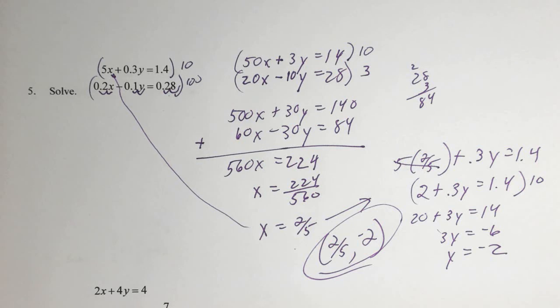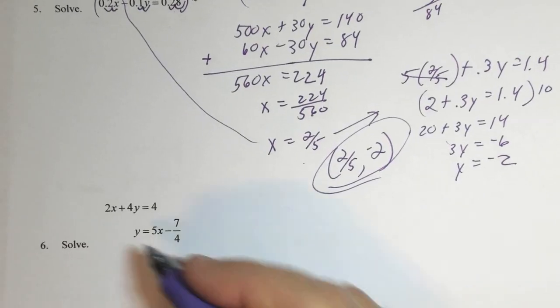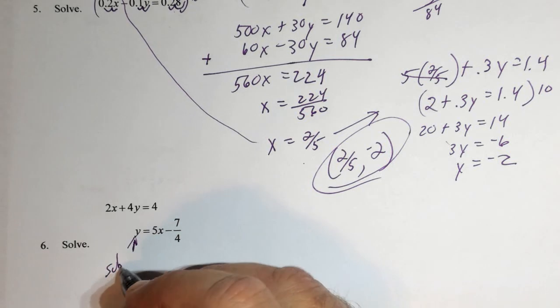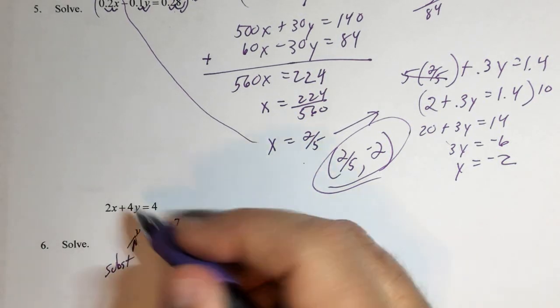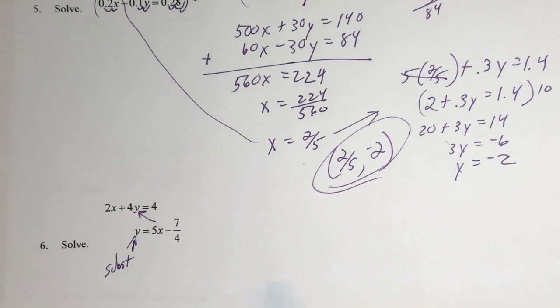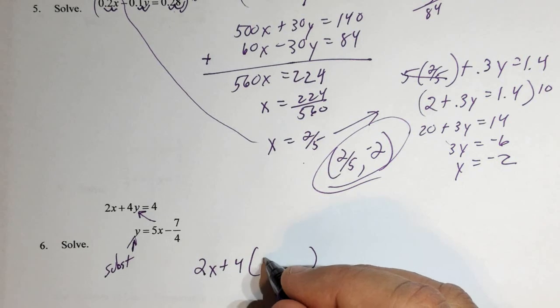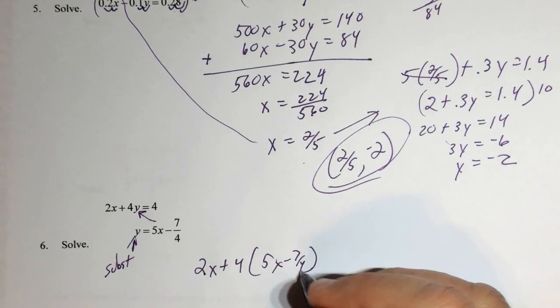So let's look at this next one. Notice I have a fraction, and here's basically what you can do: because this is here, why not use substitution? Plug this into here. Which will give you 2x plus 4 times 5x minus 7/4.